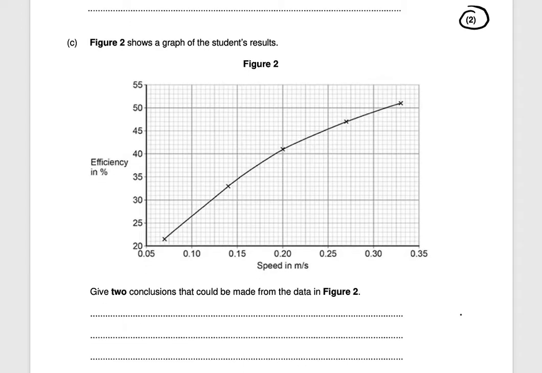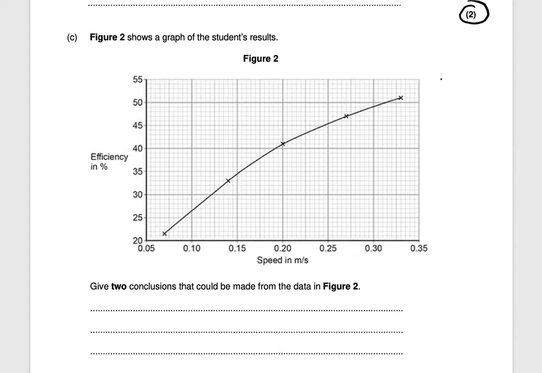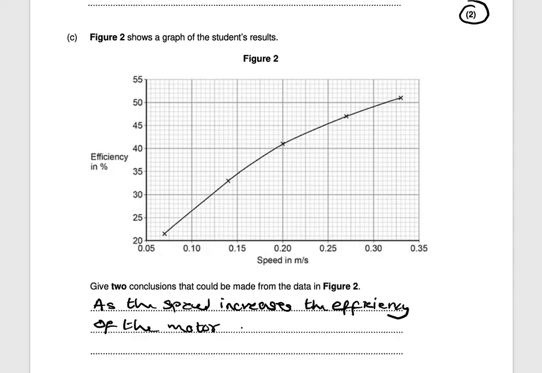Next question. Figure 2 shows a graph of the students' results. Give 2 conclusions that can be made from the data in figure 2. So as you can see, one of the most obvious conclusions that can be made is that as the speed increases, the efficiency of the motor also increases.